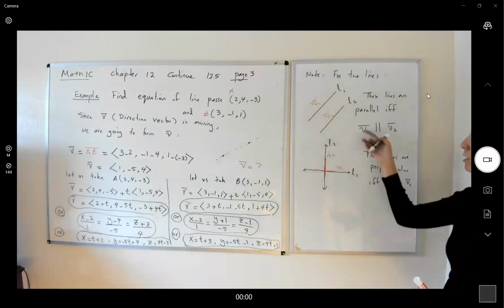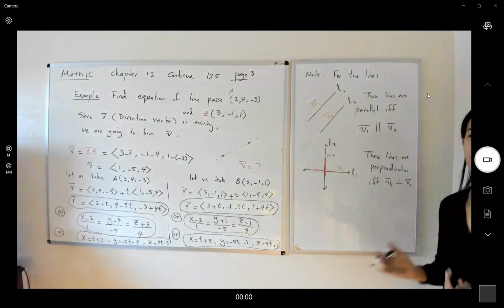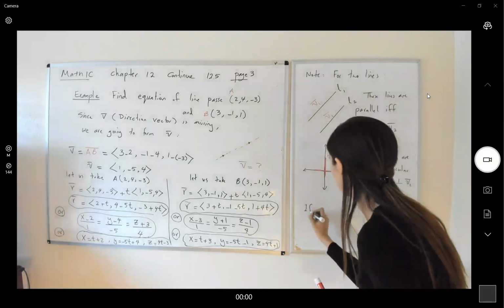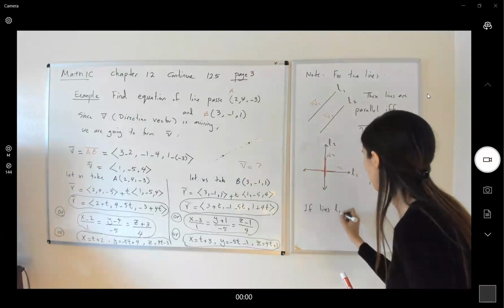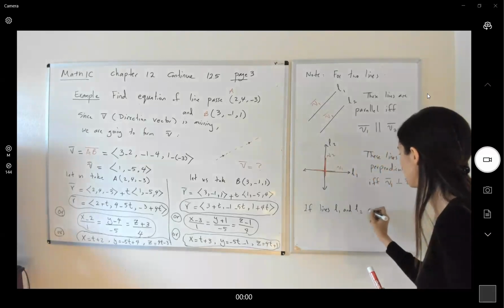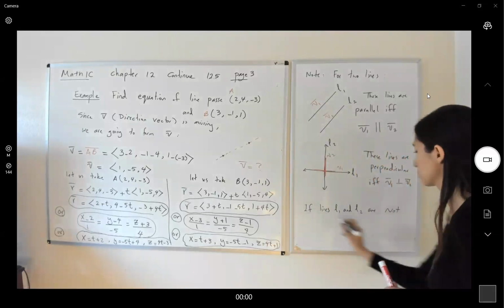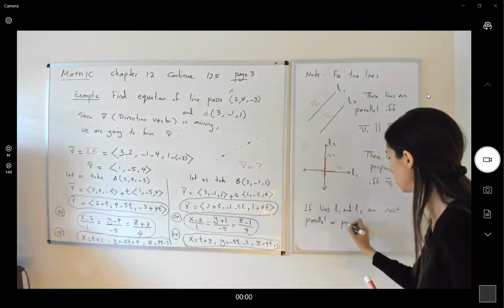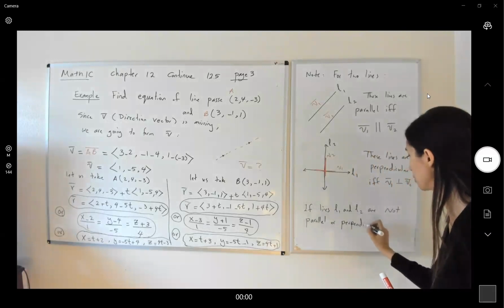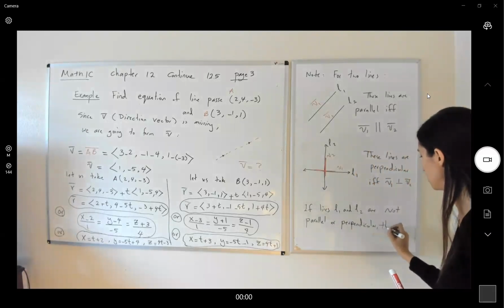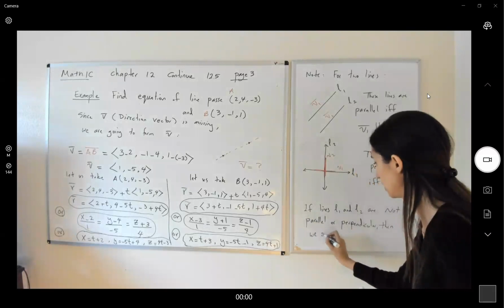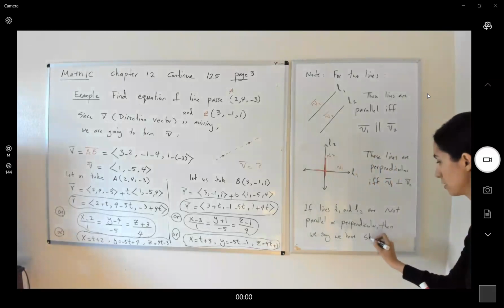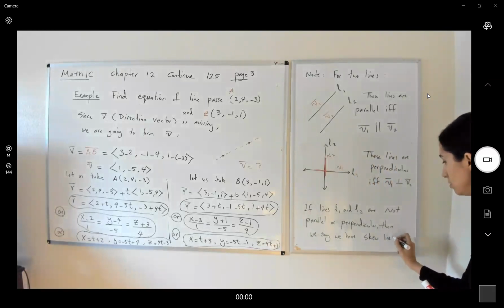If you don't have parallel or perpendicular lines, you say that the lines are skew. If lines L1 and L2 are not parallel or perpendicular, then we say we have skew lines.